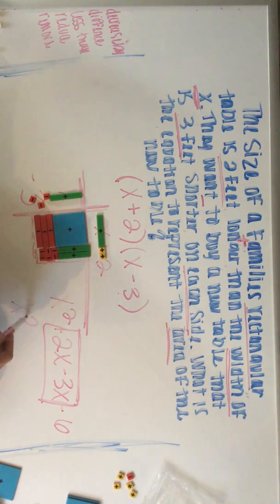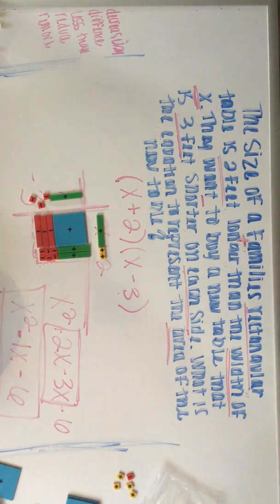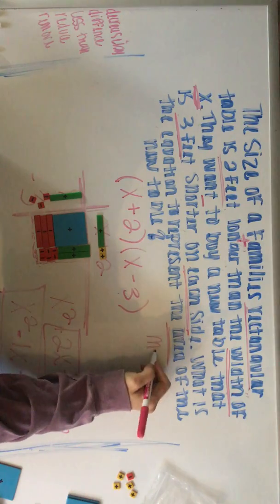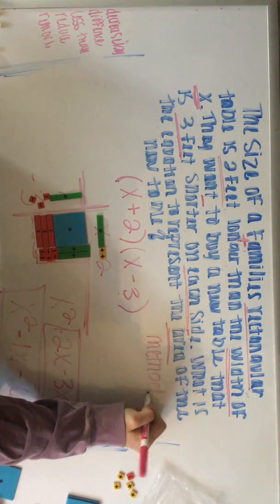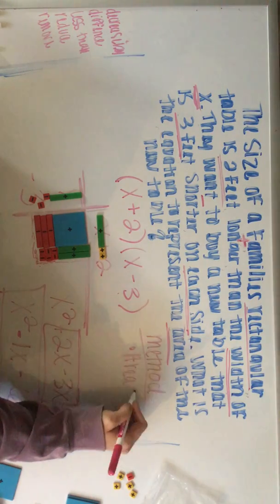Leaving us with x squared minus 1x or minus x minus 6. And that is going to be our final answer. So this method, once again, was called our area method or our area model.